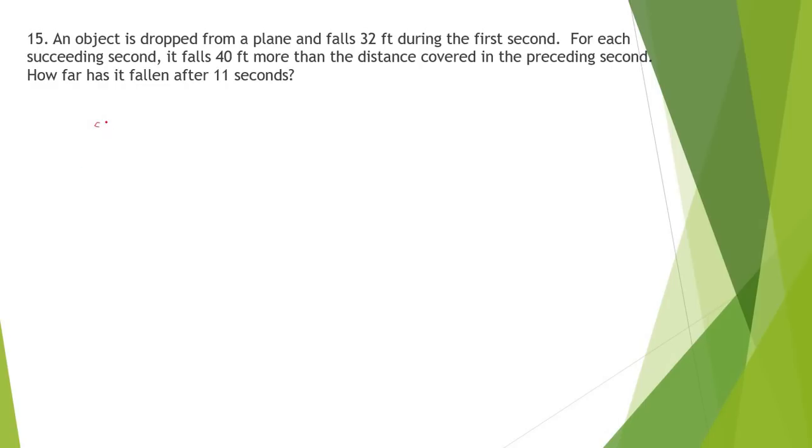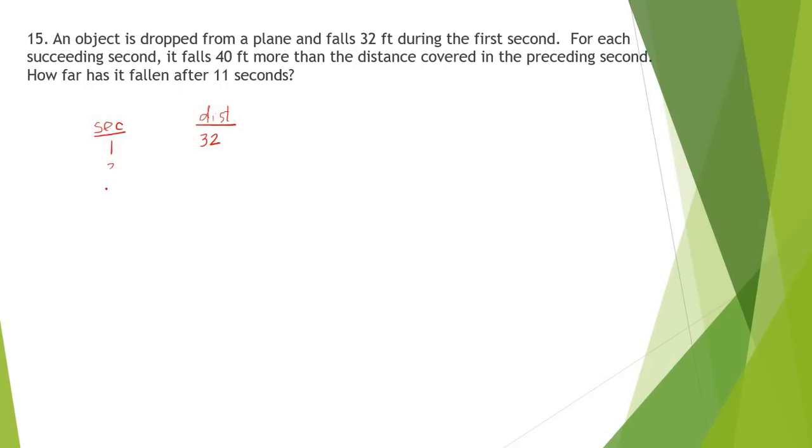Again, we have the time in seconds and the distance. First second, we have 32 feet. For each succeeding second, it falls 40 feet more than the distance covered in the preceding second. How far has it fallen after 11 seconds?